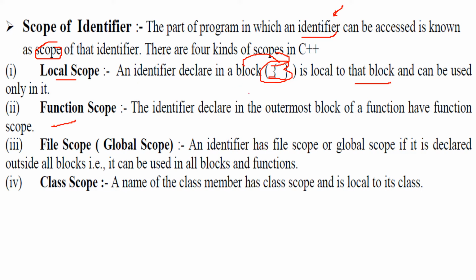The function scope: an identifier declared in the outermost block of the function, where the function starts, has function scope. The function and the content inside it can use whatever you have defined inside the function. Then the file scope, that is the global scope: an identifier has file scope or global scope if you define it outside all the blocks, and it can be used in all the blocks and functions.